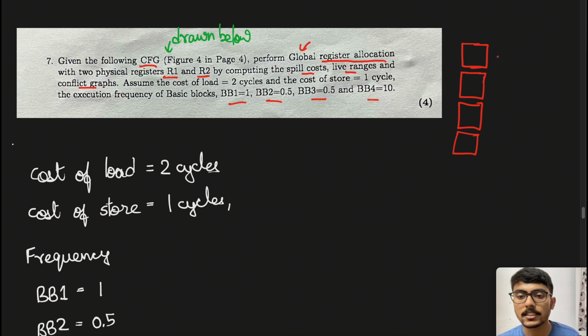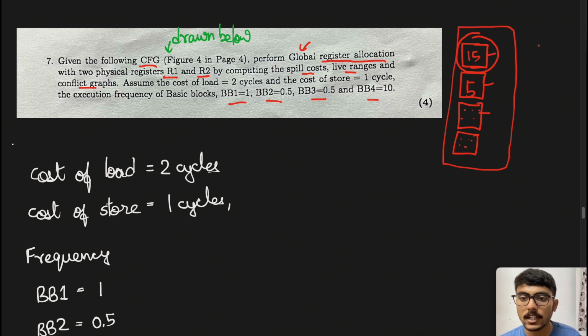The allocations pertinent to the module itself, where there might be 10 variables here, 20 variables here, 5 variables here, 15 variables here, the register allocation which happens for a single module or a single function inside the entire code is called local register allocation.